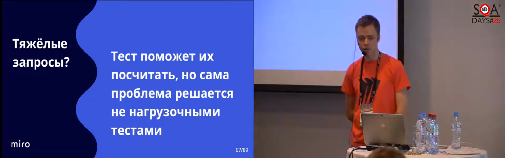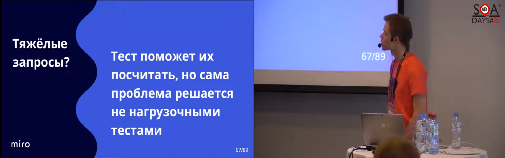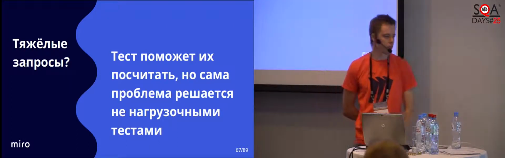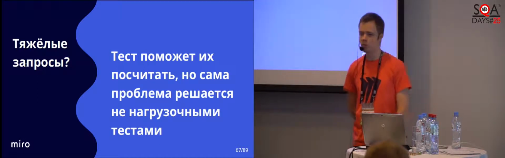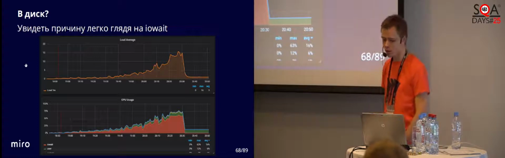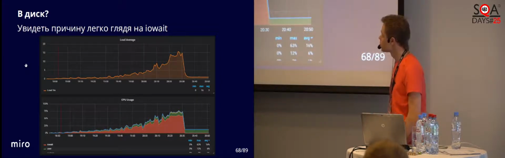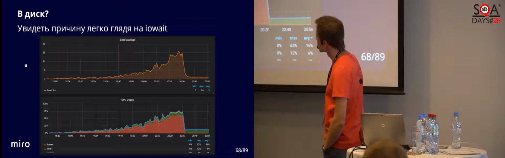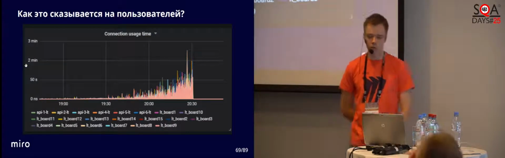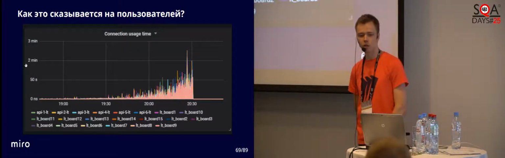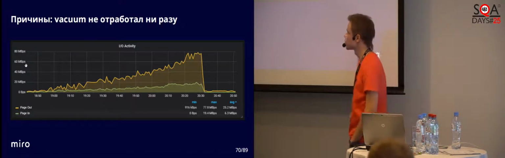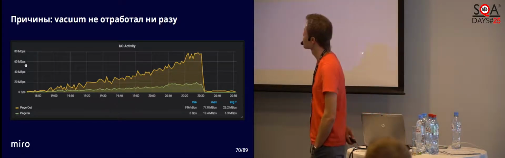And the first case is testing of the database. What actually can we test under load? Normally we cannot test some heavy queries. We can make some flow testing. But if we start a test and we see load on the test, so you see the CPU is loaded, and also you see in the graph how it affects the user, and we can understand what is the reason.